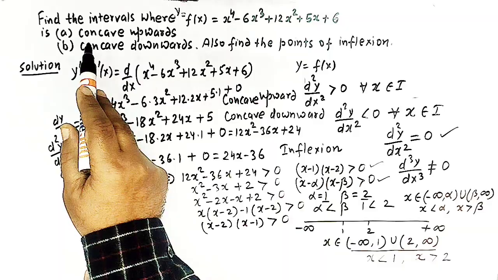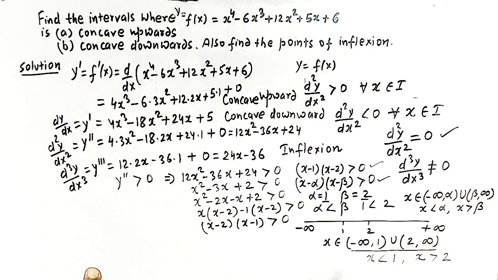So this curve is concave upwards for all values of x less than 1 or x greater than 2. So here we have this region, that is x less than 1, and here we have x greater than 2, right? So in these two intervals, the given function is concave upwards, right?